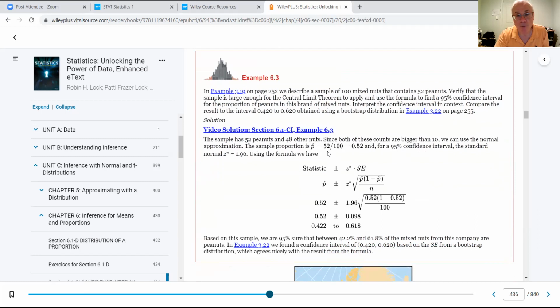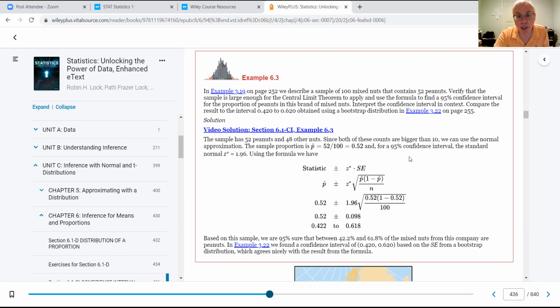They could be cashews, Brazil nuts, whatever. All right. So what is the proportion of the 100 that are peanuts? That would be 52 divided by 100, right? Or 0.52. That's our sample proportion of peanuts in that jar of 100 mixed nuts, okay?